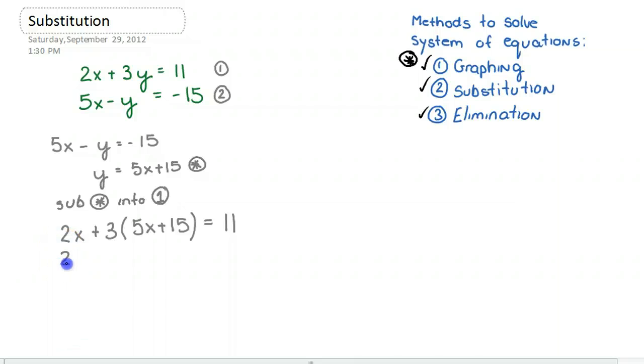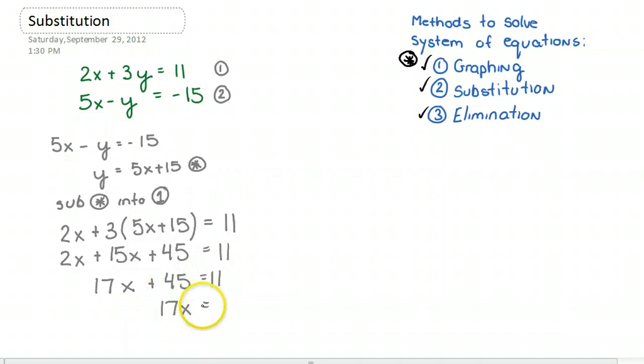So now if we rearrange, 2x plus 15x plus 45 equals 11, 17x plus 45 equals 11, 17x is equal to minus 34.